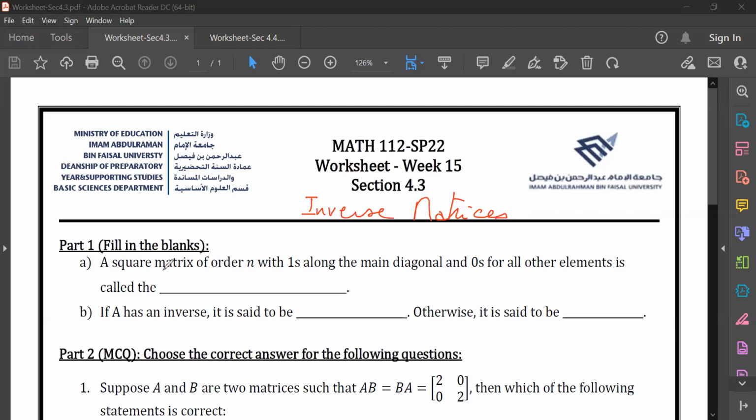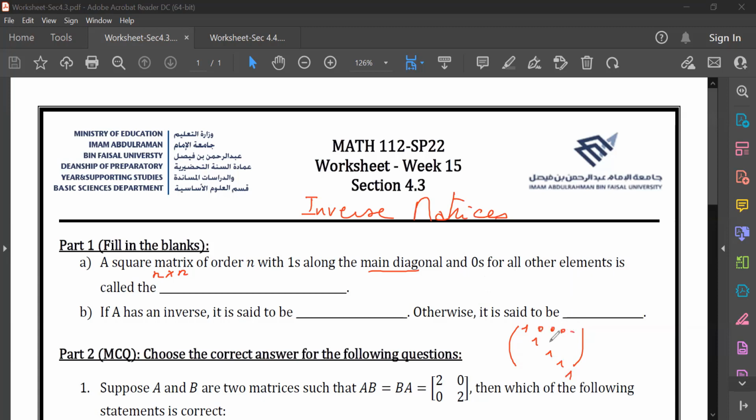So square matrix of order n means we have n rows by n columns. A matrix with n rows and n columns with ones along the main diagonal. So the diagonal elements are all equal to 1, and 0 for all other elements.